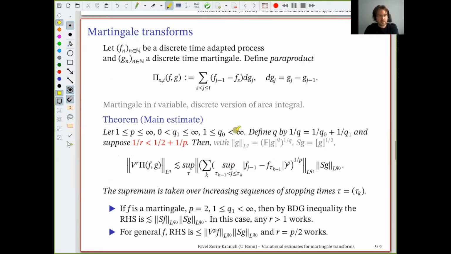All right, so all our results in continuous time are deduced from results in discrete time by some approximation process. And this is our main result in discrete time.